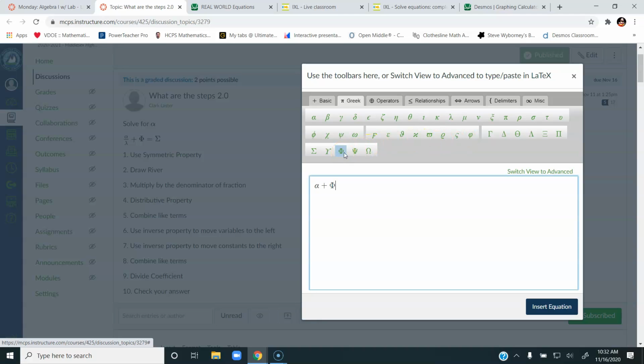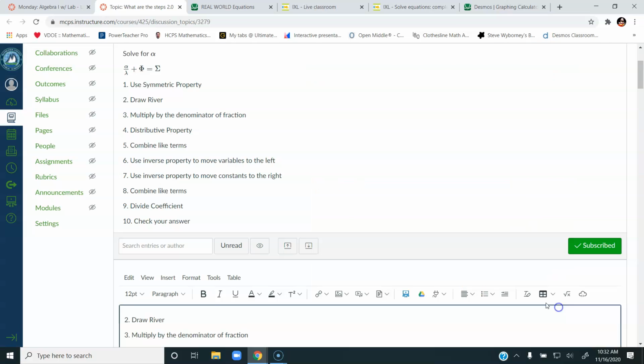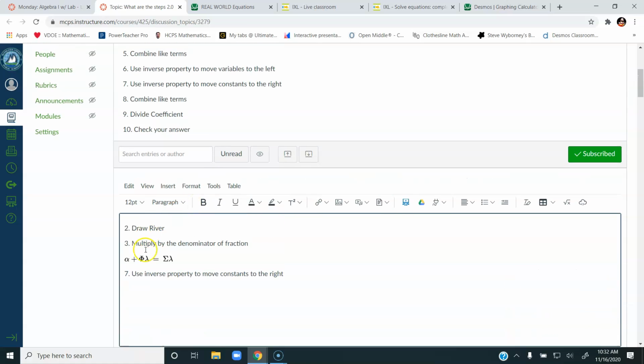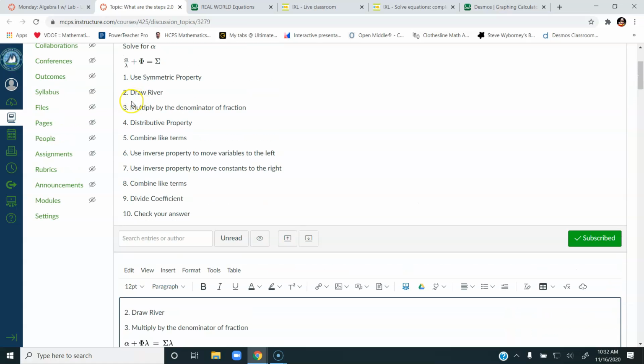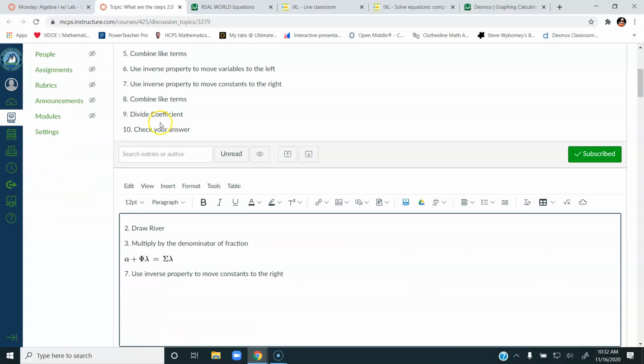So we're going to say phi lambda is equal to sigma lambda. So when I multiplied, I had to multiply that lambda onto both of these different symbols, the sigma and the phi.